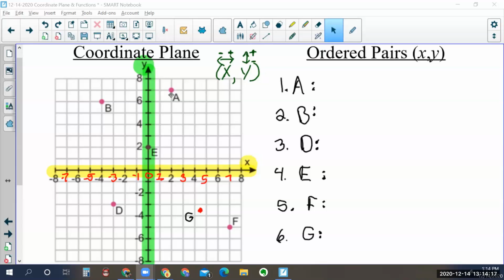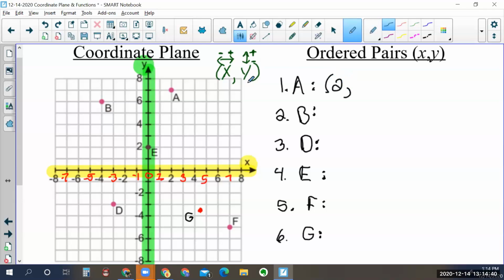Let's do our left-right number for A. Starting here, I have to go 1, 2 to the right to get even with A there. So ordered pairs do require parentheses. So the first step is parentheses, 2, comma, and then I got to count how far up or down.